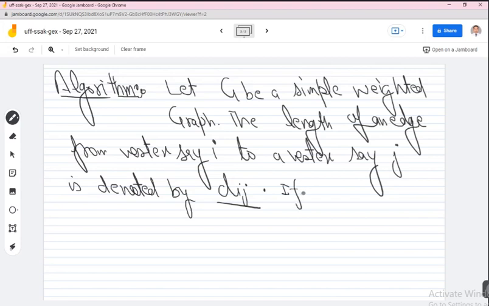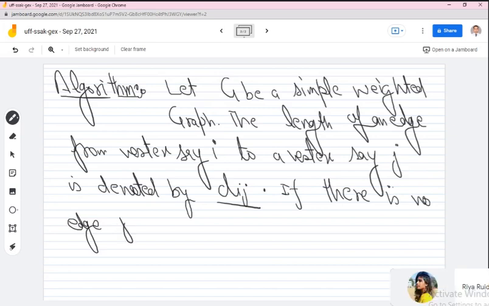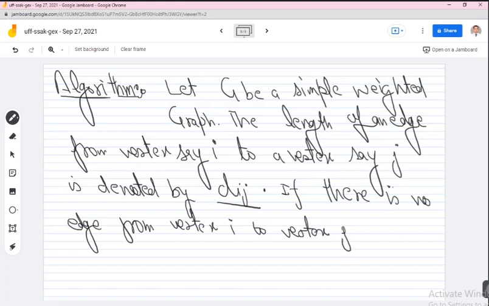If there is no edge from vertex I to the vertex J, then the distance Dij will be equal to infinite.